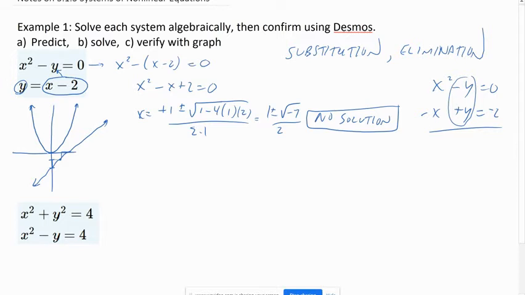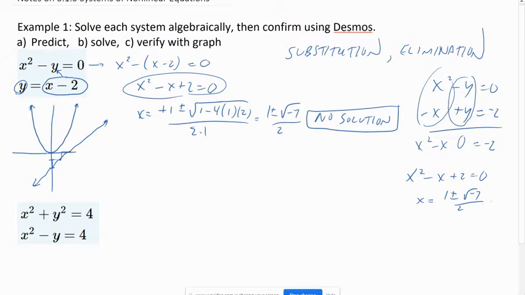Anytime you have part of the equations that will eliminate one of the variables, then the elimination method will work. So when I add these, that becomes 0, so the y's are eliminated. When I add these, I get x squared minus x equals, on the right side, -2. So then x squared minus x plus 2 equals 0. It's the same equation we got up here. So of course it's going to have the same solution, which is 1 plus or minus the square root of -7 over 2. No solution.